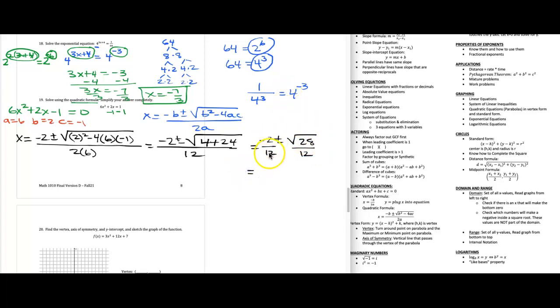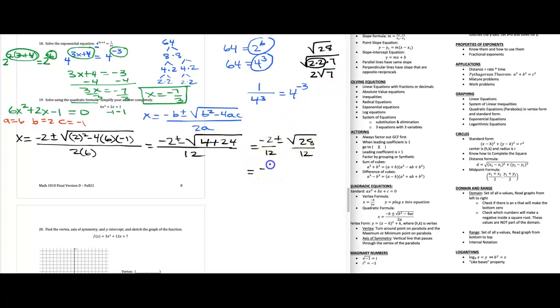So if I simplify the square root of 28, let's see, I'll go up here. All right, that is 4 times 7, and 4 breaks down to be 2 times 2. So 2 times 2 times 7, so it looks like that 2 gets to come out, and the 7 stuck inside. So here, let's see, I'll write it down like this.